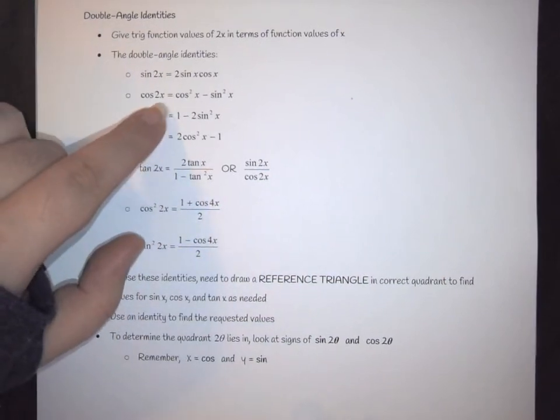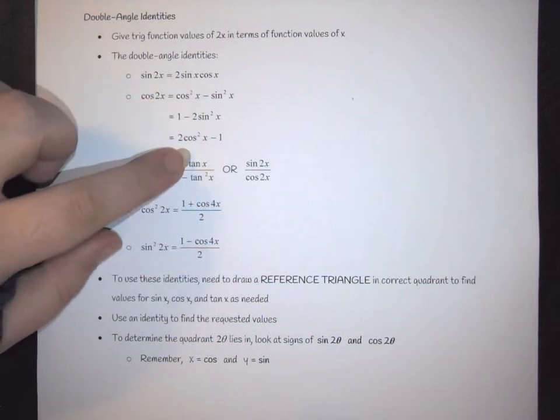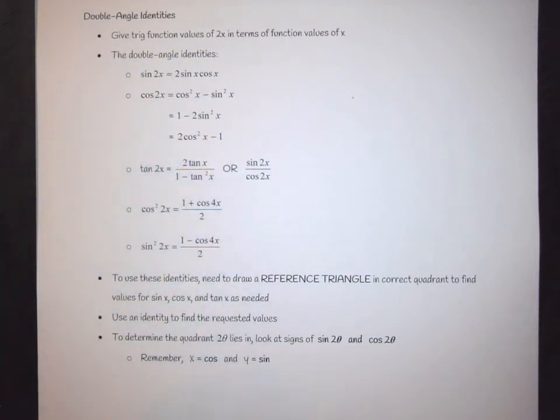The cosine of 2x, you get choices, okay? And with these choices, when you are verifying problems, one of the things you're always going to have to do is try and decide which cosine identity you want to use, and that's going to depend on the problem that you're working with.